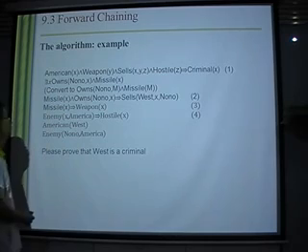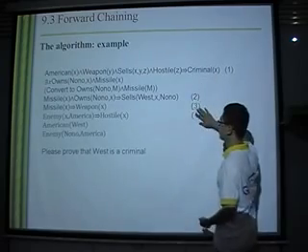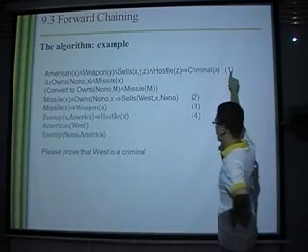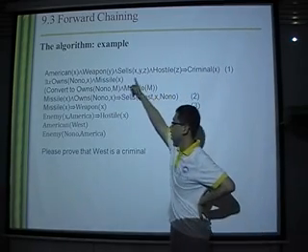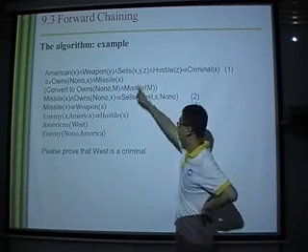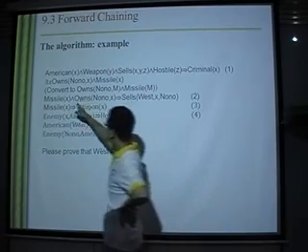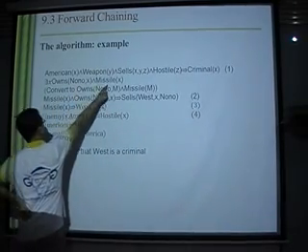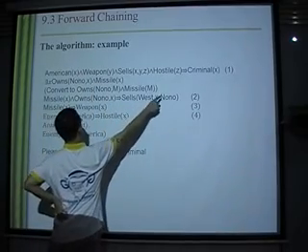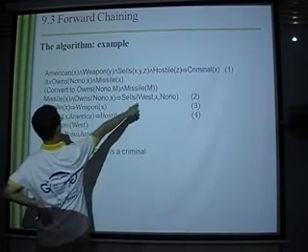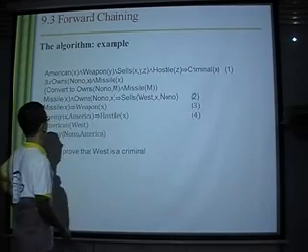Here is an example. The algorithm will scan the implications one by one. First, it scanned the first implication and found that some of the conjuncts of the premise cannot be satisfied. So it scanned the next one, and it found that the premise unifies with these two facts here, and the new fact, Sells(West, M1, Nono), is added to the knowledge base.